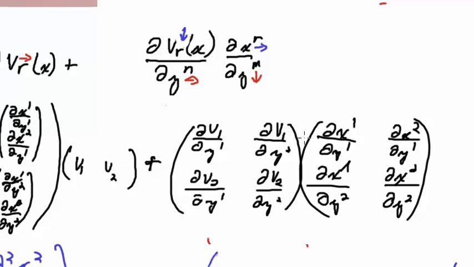Okay, so this expression will produce a 2 by 2 matrix when we're done with it, because a 2 by 2 times a 2 by 2 gives us a 2 by 2.